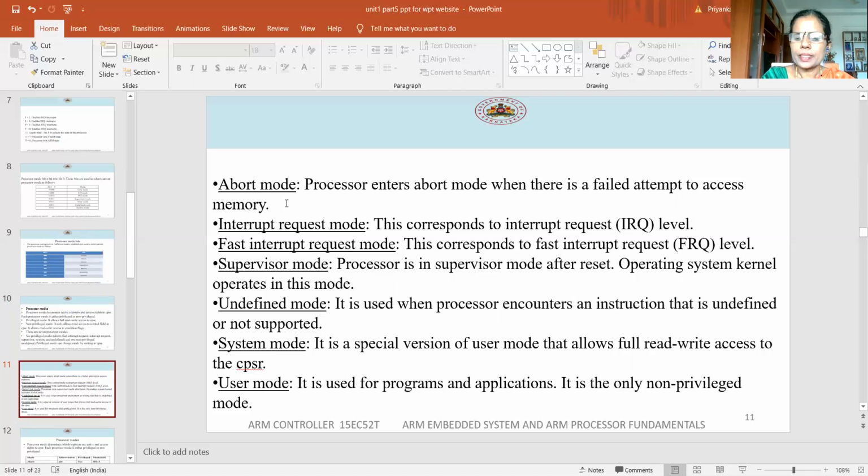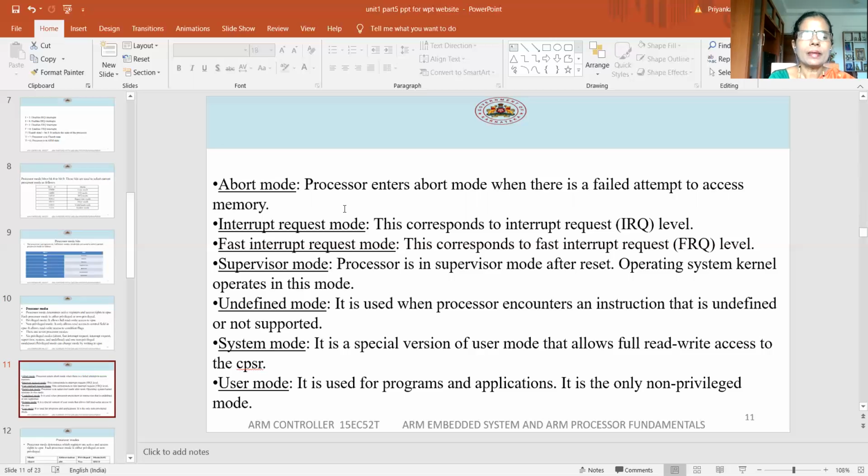So you need to access these memory locations only, because you have declared these memory locations to store some values. If you are accessing data from some other memory location like 3000, definitely it enters the abort mode. So the processor enters the abort mode when there is a failed attempt to access the memory.